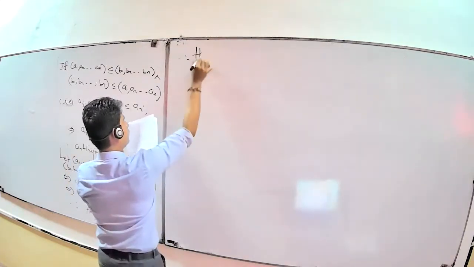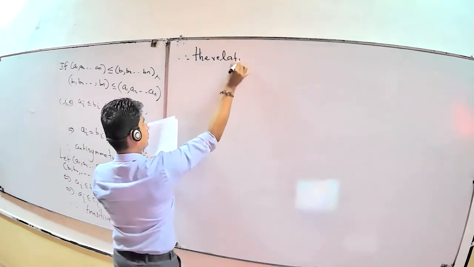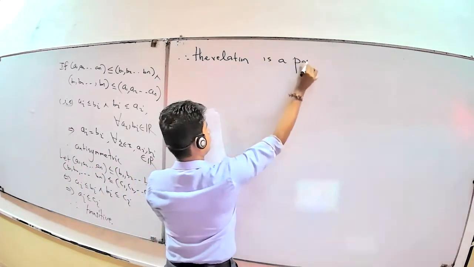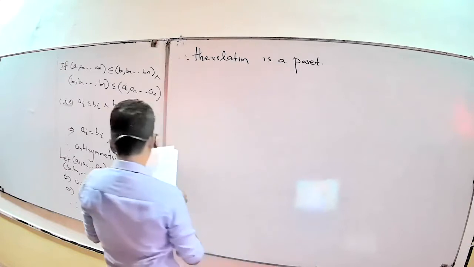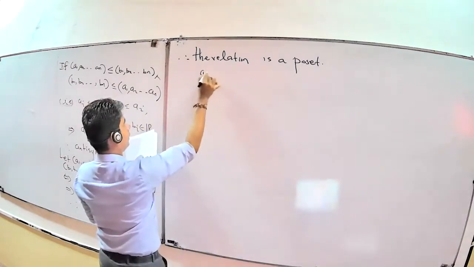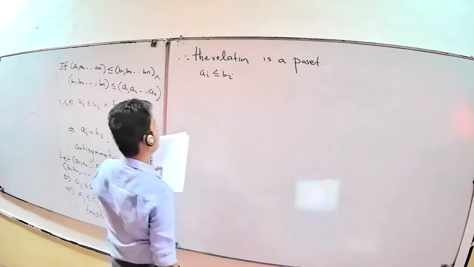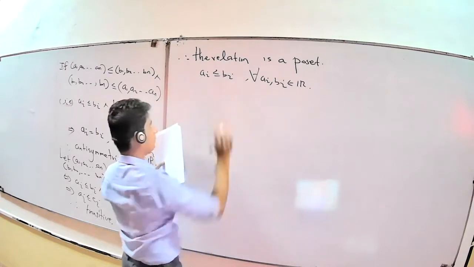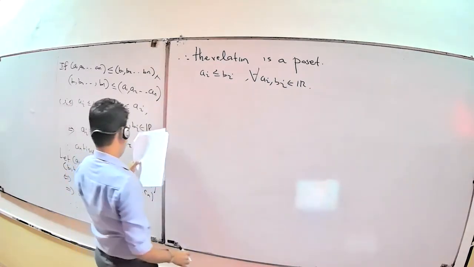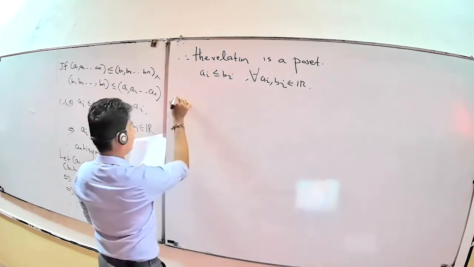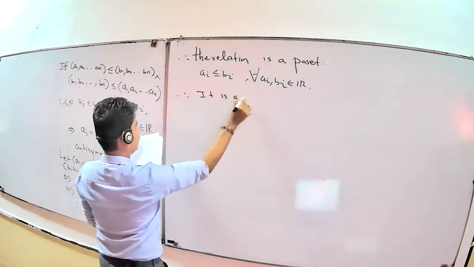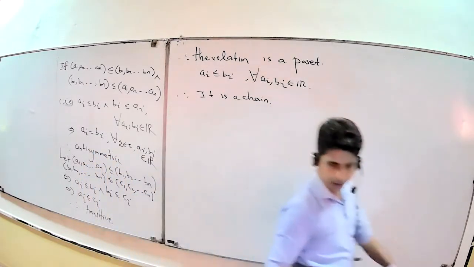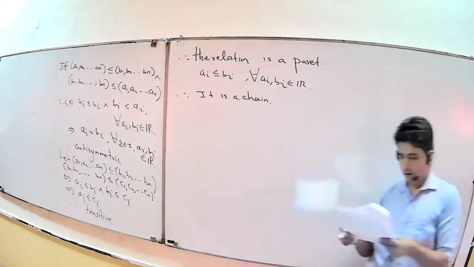For all ai, bi belonging to real numbers, each of the elements is comparable. Therefore, it is a chain, that means it is a totally ordered set. The other name is chain. Therefore, it is a chain or totally ordered set.